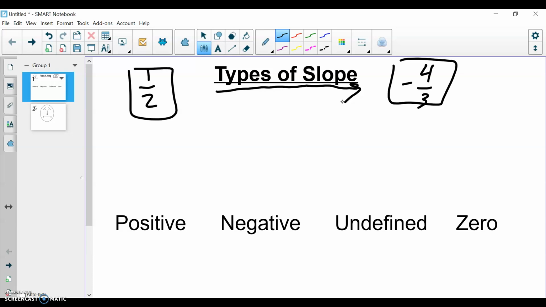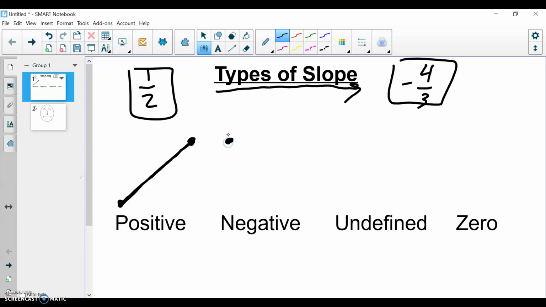What's happening? So when you have these different types of slope, if you have a positive line, your line is going to look like this. It's going to go from the leftmost point, and if we follow that line from the left, it is going to be going up. That's why it is positive. Now, negative is the other way.